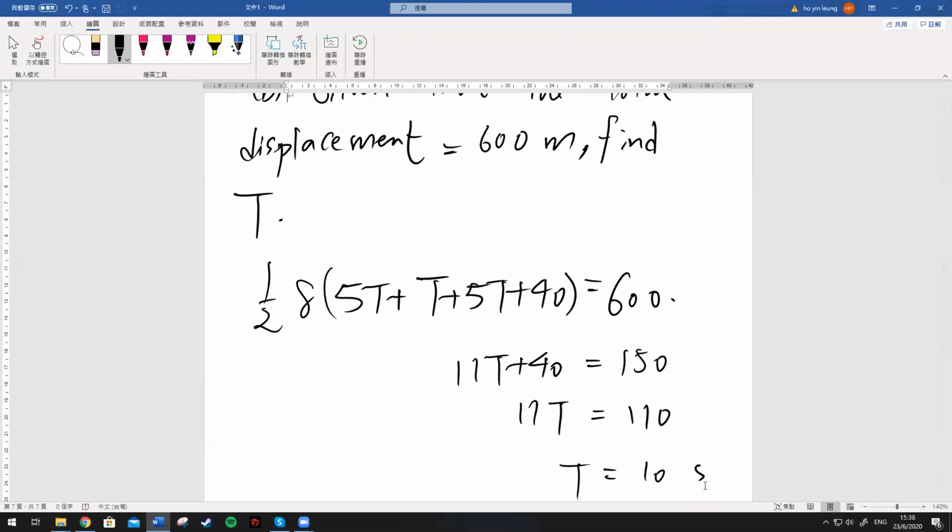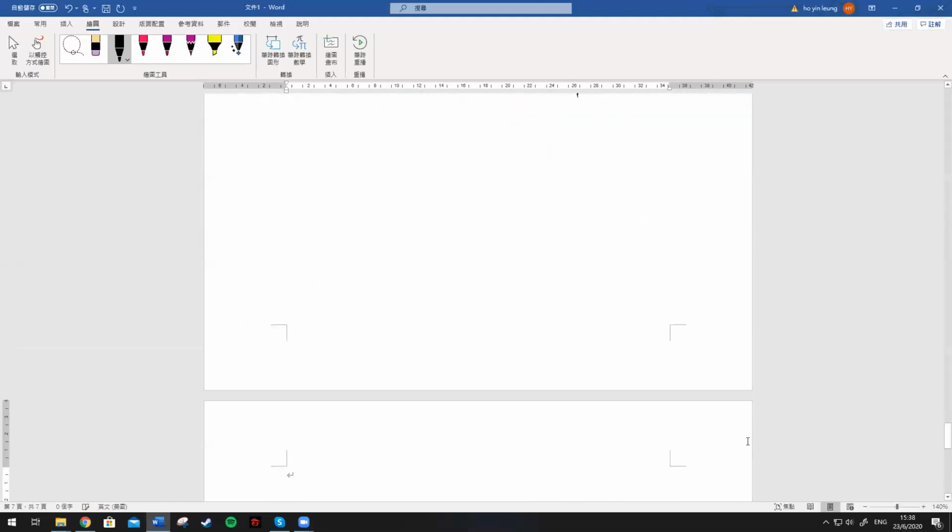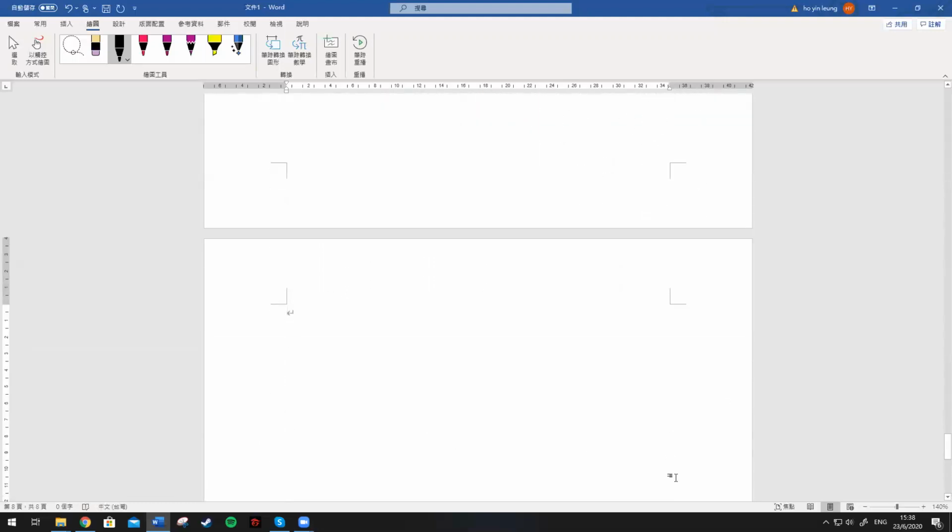And then one more example. This time we have this one. Again, this is the velocity time graph. We have this one here, and also one here.